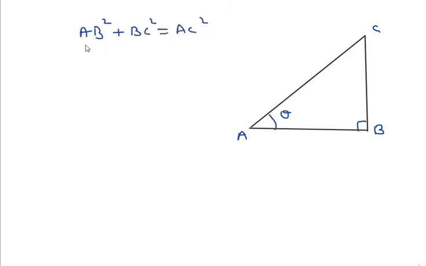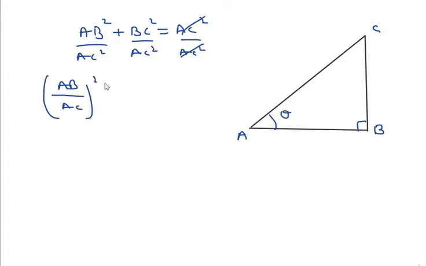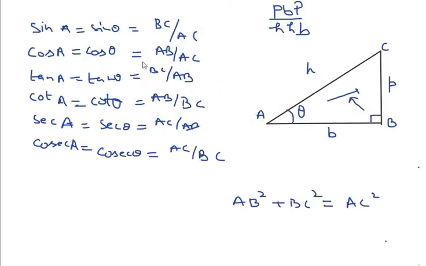What I am doing over here, I just divide both the sides by AC square, and we will cancel out. We will have AB upon AC whole square plus BC upon AC whole square is equal to 1. So please note it down over here.